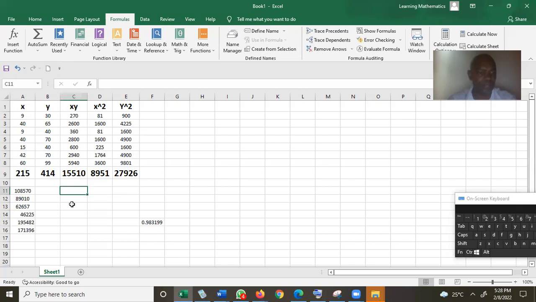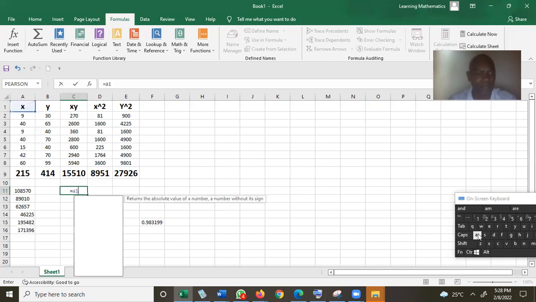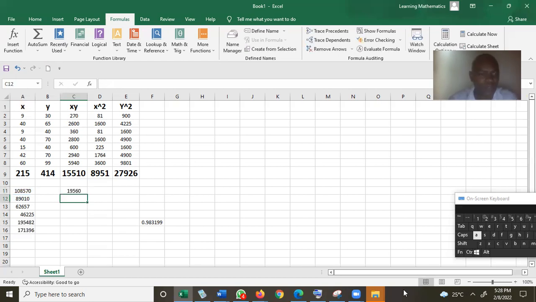Okay, A is equal to A11 minus A12, 19560.